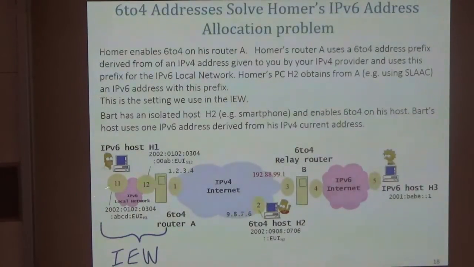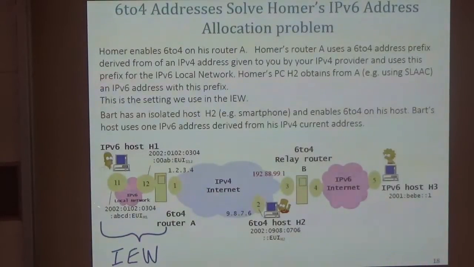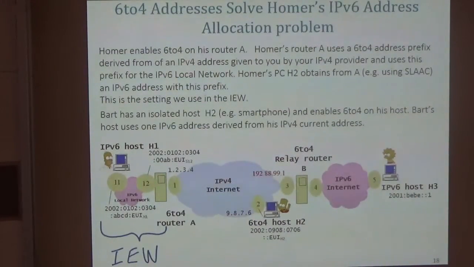In particular, if it does automatic address allocation, when this host boots, it will talk to the router to find this prefix, and it will have an IPv6 address, which will be this prefix plus whatever other rules are decided by the local management inside this domain, and the host part of this address.